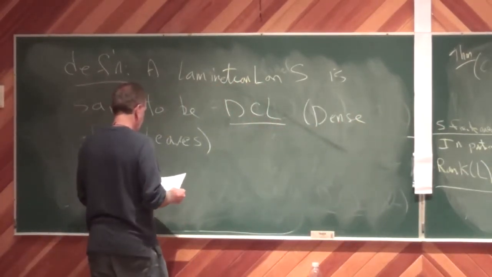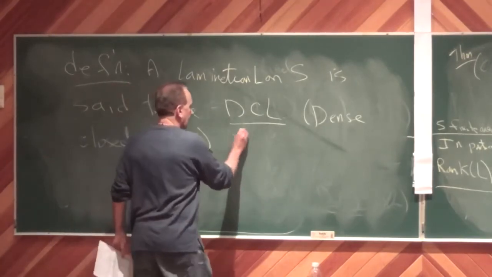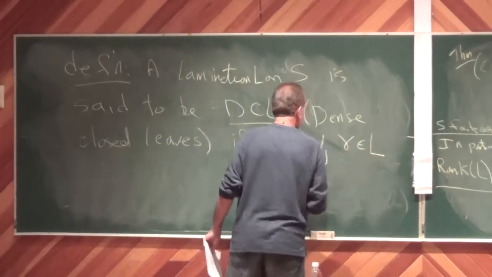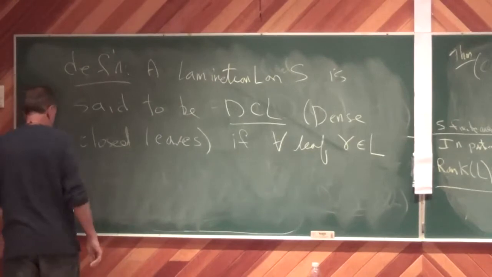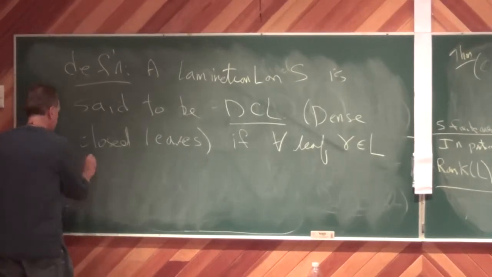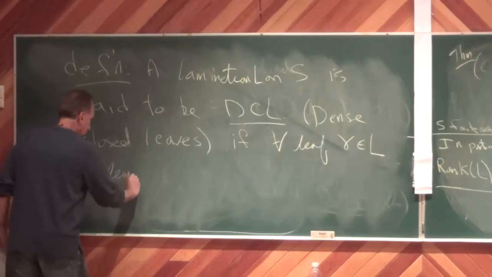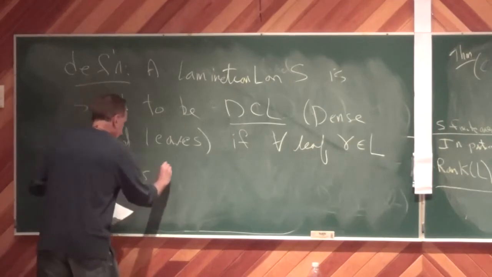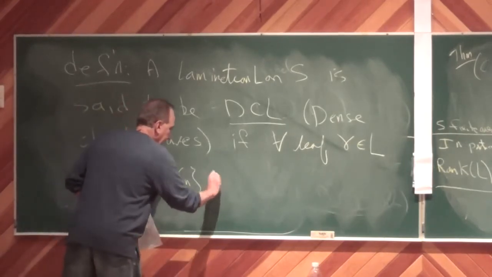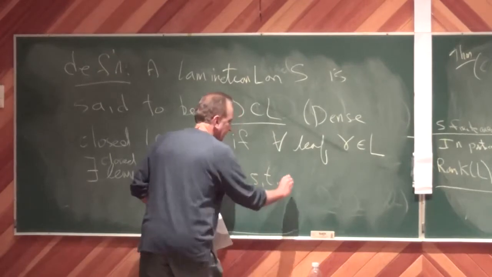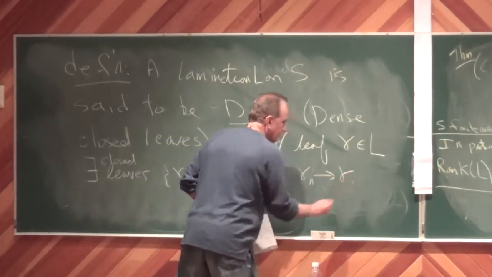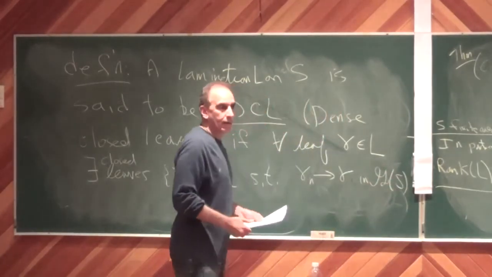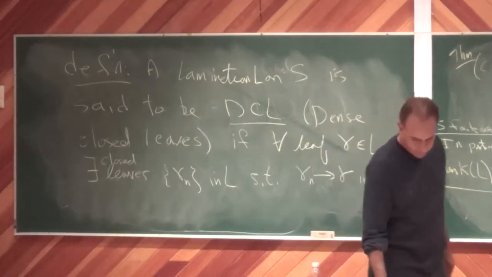I'll write down what that means. DCL if for any leaf gamma in L, there exist closed leaves gamma_n in L so that the gamma_n converge to gamma in the space of geodesics.